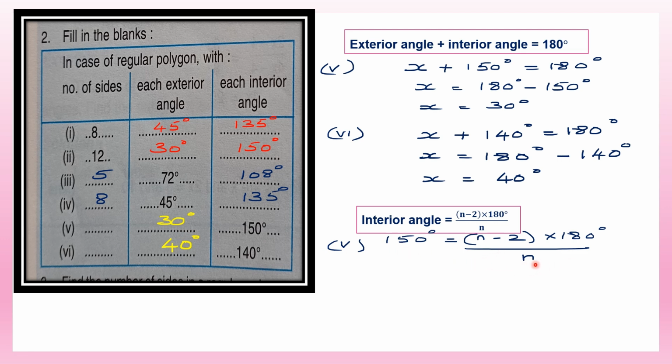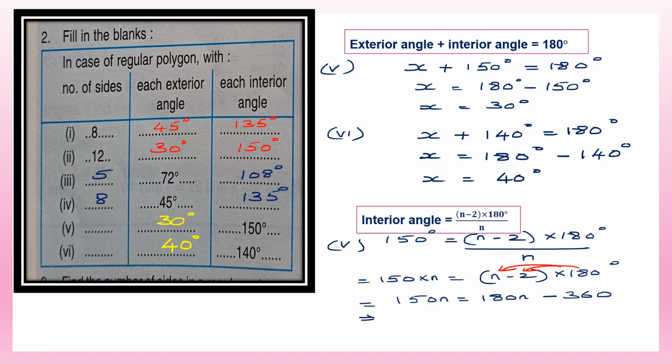Now this n, I'm going to take to the other side. It's division, so it will become multiplication. So this becomes 150 into n is equal to (n minus 2) into 180 degrees. So 150 into n is 150n. Now here we have to multiply 180 first by n, so that becomes 180n minus, now I have to multiply it with 2, 180 into 2 is 360.